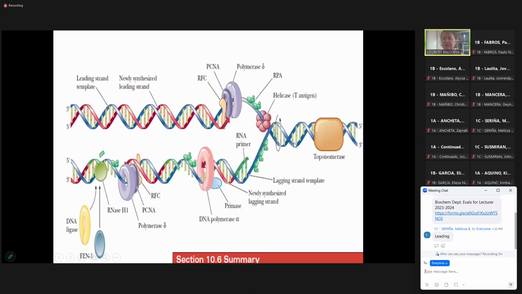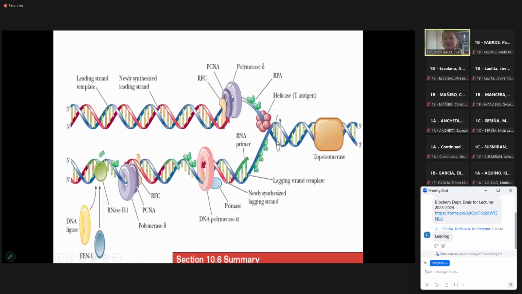Any questions here? Ito yung topoisomerase mo that will prevent torsion. Torsion ang tawag doon, stress or coiling, no? And it creates a nick. Alam mo yung nick, ano? Parang kinat siya ng konti to prevent stress.